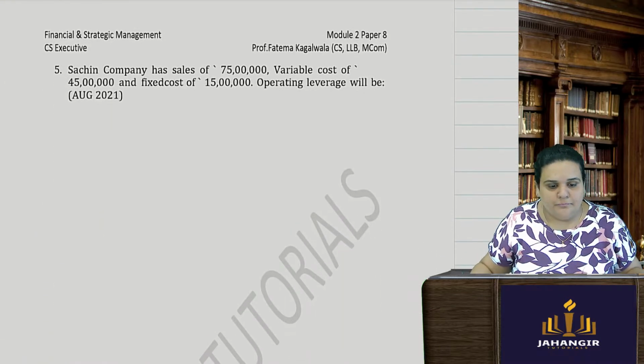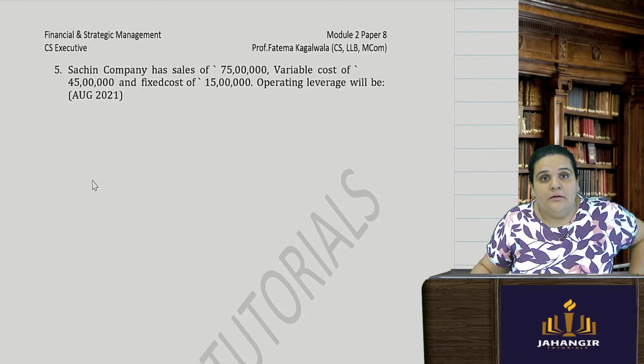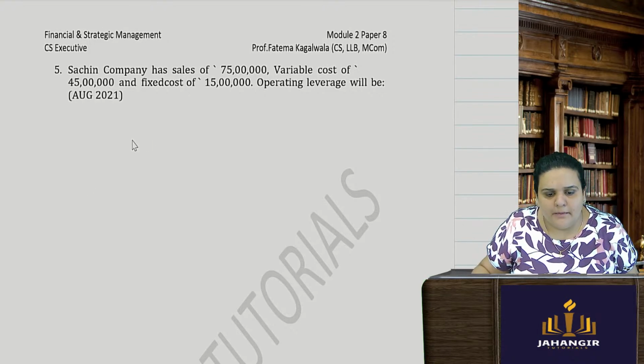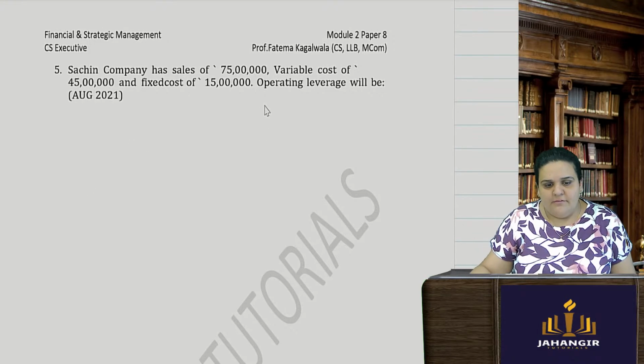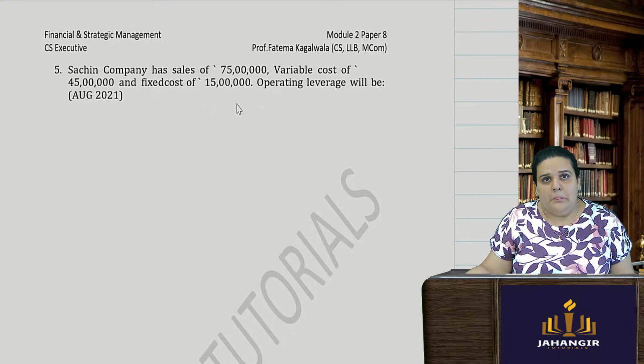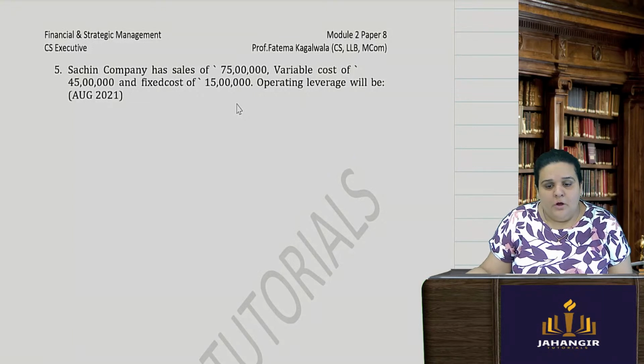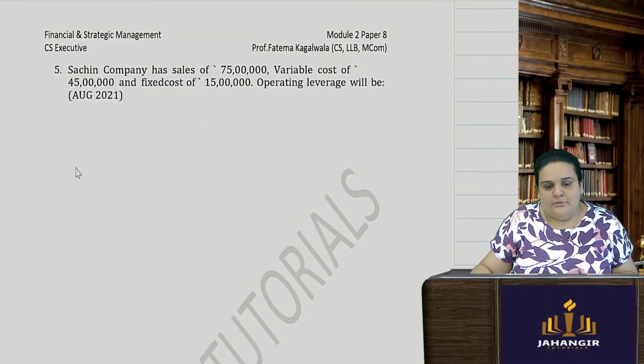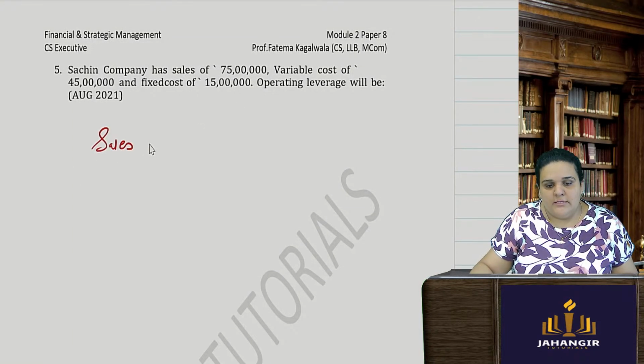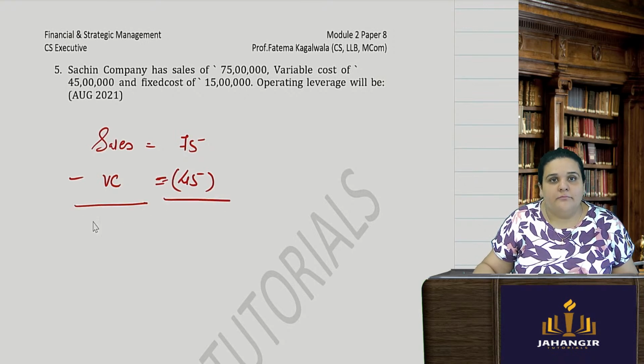Now coming to another question. Sachin company has a sales of 75 lakhs, variable cost 45 lakhs, fixed cost 15 lakhs. Operating leverage will be how much? So sales 75 lakhs minus variable cost is 45 lakhs. Okay.